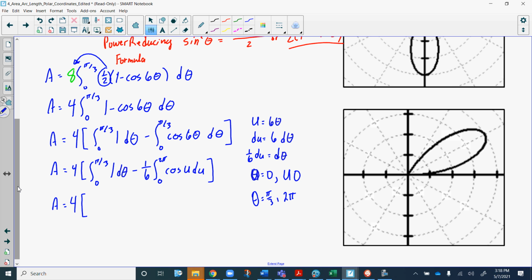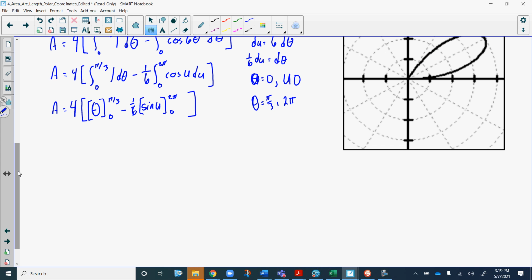So the antiderivative of just the 1 d theta is going to be theta evaluated from 0 to pi over 3, minus the 1/6, the antiderivative of cosine, which is just going to be sine of u evaluated from 0 to 2 pi, and all of it multiplied by the constant of 4 that we took out.